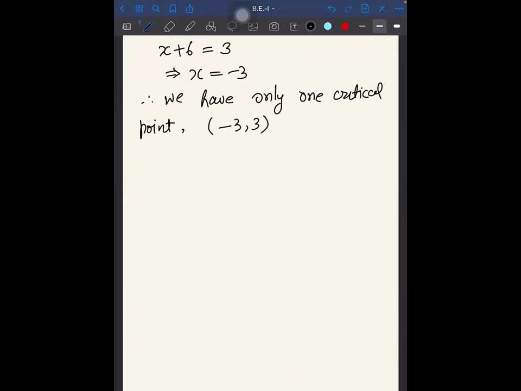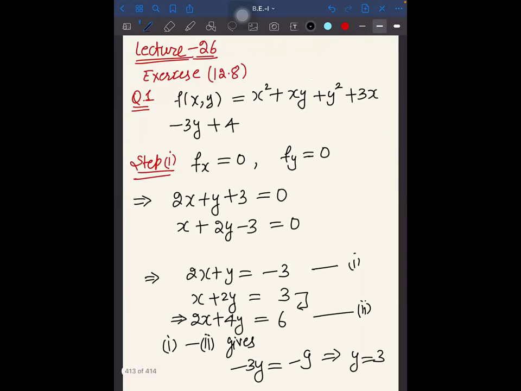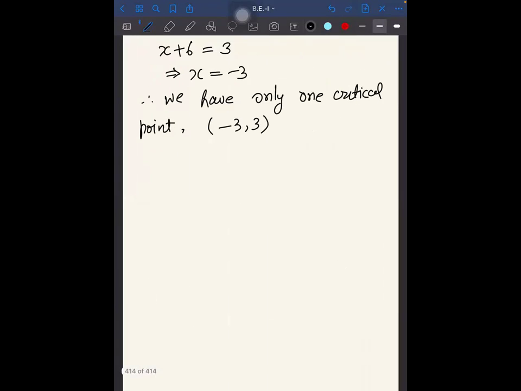Is it fine? Can we please switch to the previous page for just a second? Done. Okay. So are you getting this?